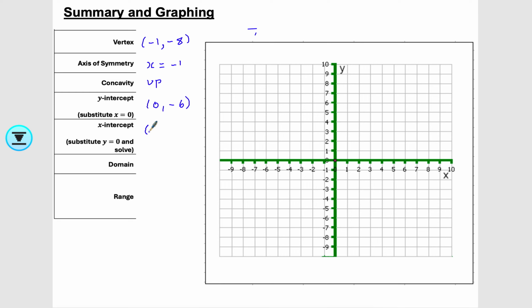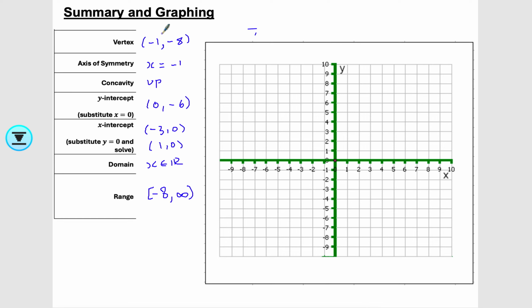The x-intercepts are -3, 0, and 1, 0. The domain is all the real numbers. And the range is from -8 to infinity. The reason I picked the same example is just to show you how with the same exact function you can get the different properties in all the different forms.